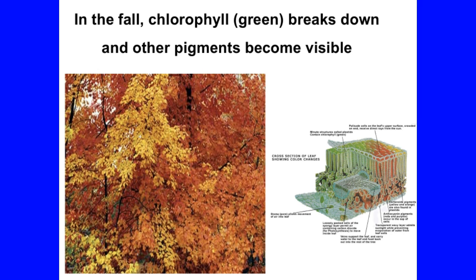Chlorophyll gets broken down during the fall, which we can see in this first picture, where all this chlorophyll is getting broken down. Now those accessory pigments are able to be seen: those reds, oranges, and all those beautiful fall colors.